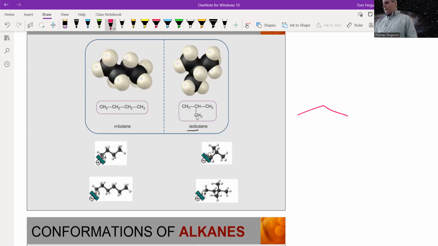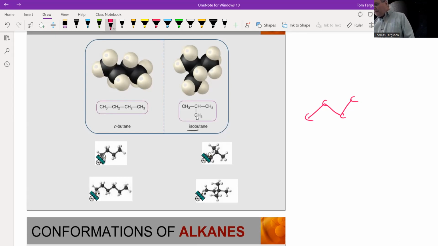Now, the way I do line drawings, I go 1 in my mind. That's where you start. 2, 3, 4. Butane has 4 carbons. So when you start, you just say 1 in your mind and then go. Each time you change direction, the kink, it's a carbon. So this has a carbon, carbon, carbon, carbon.